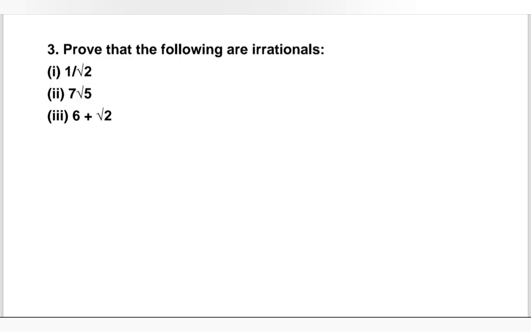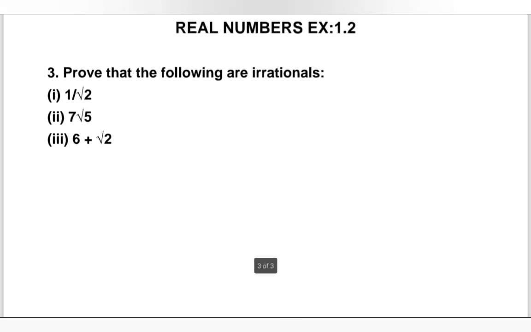So we have to prove that the given numbers are irrational. The first one, 1 by root 2. Let's start with the first sum. You can also try in your notebook. Prove that 1 by root 2 is irrational. So we have to prove this, the first sum.